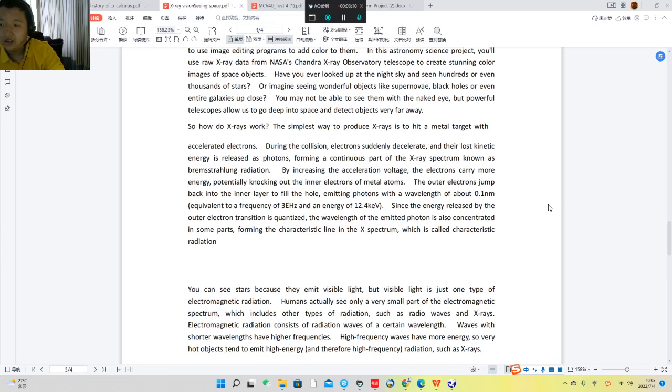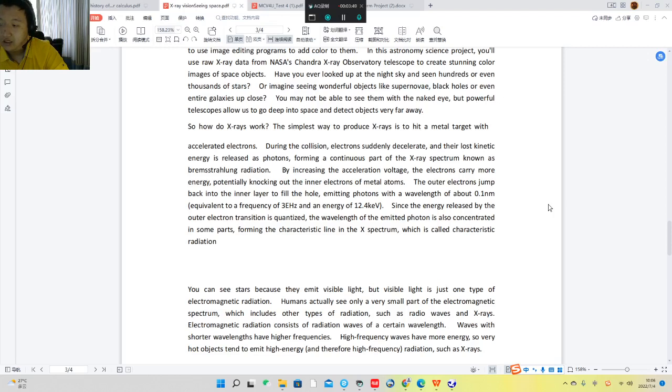During the collision, electrons suddenly decelerate and their lost kinetic energy is released as a photon, forming a continuous part of the X-ray spectrum known as bremsstrahlung radiation. By increasing the acceleration voltage, the electrons carry more energy, potentially knocking out the inner electrons of metal atoms.